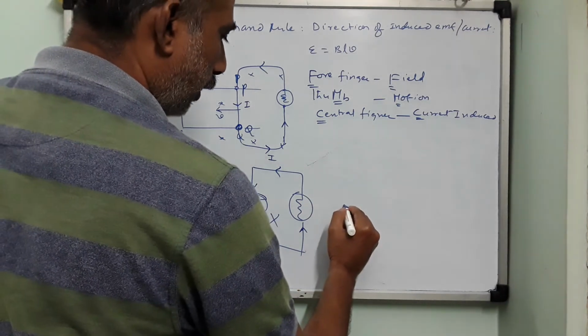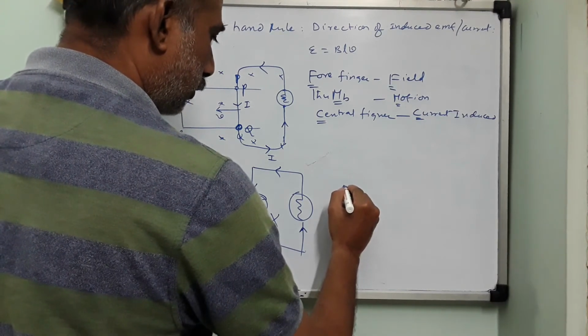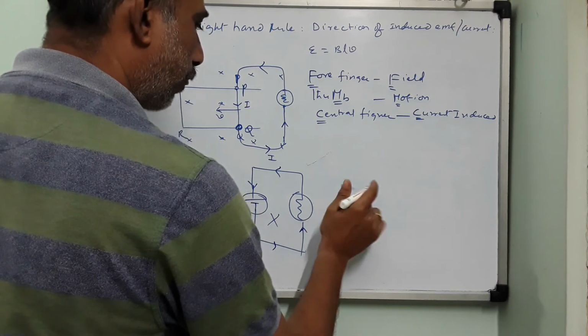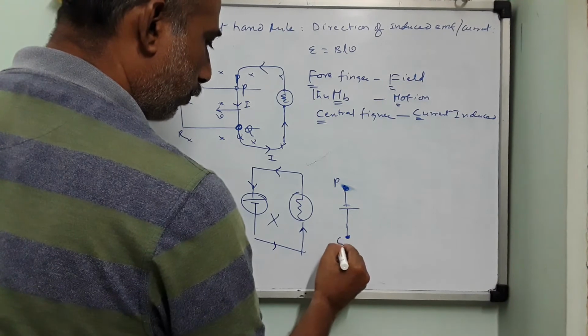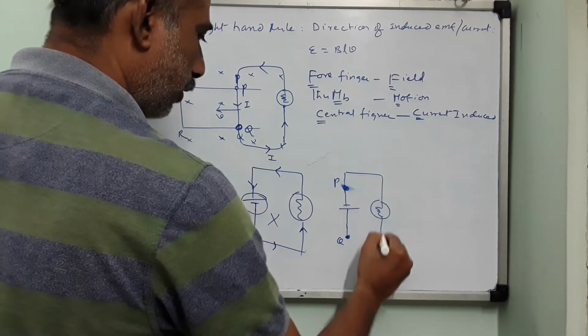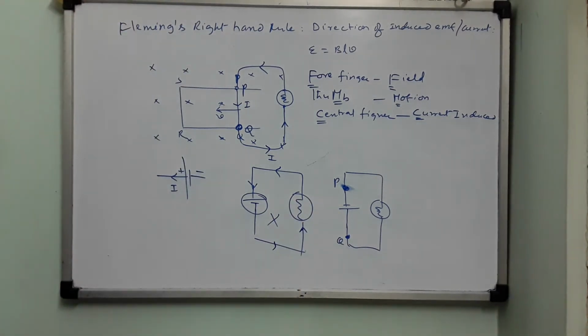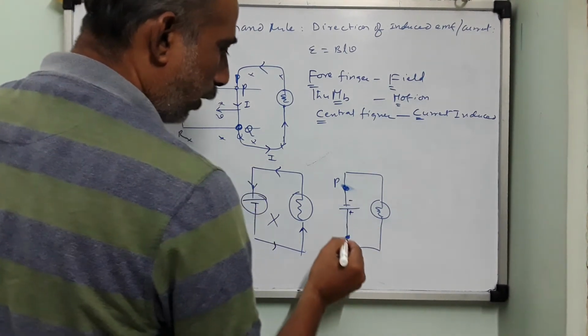Then this is negative, this is positive, okay, and this is your end P, and this is your end Q, and now you have connected a battery, bulb here, the bulb will glow. So the rod PQ is equivalent to a cell with positive polarity at the bottom, negative polarity at the top.